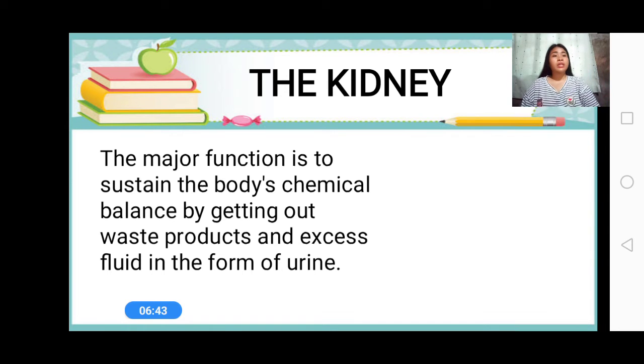Okay, two kidneys. So the major function of the kidneys is to sustain the body's chemical balance by getting out the waste products and excess fluid in the form of urine. Do you understand me? That's why you have to pee.